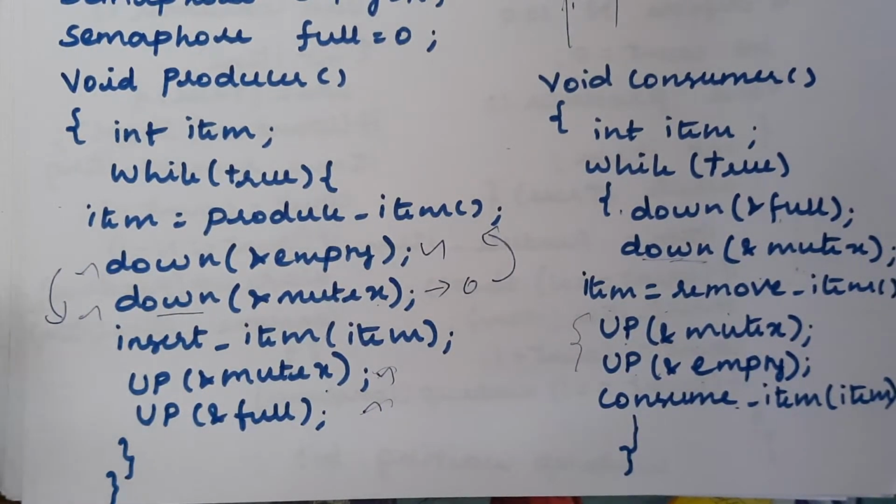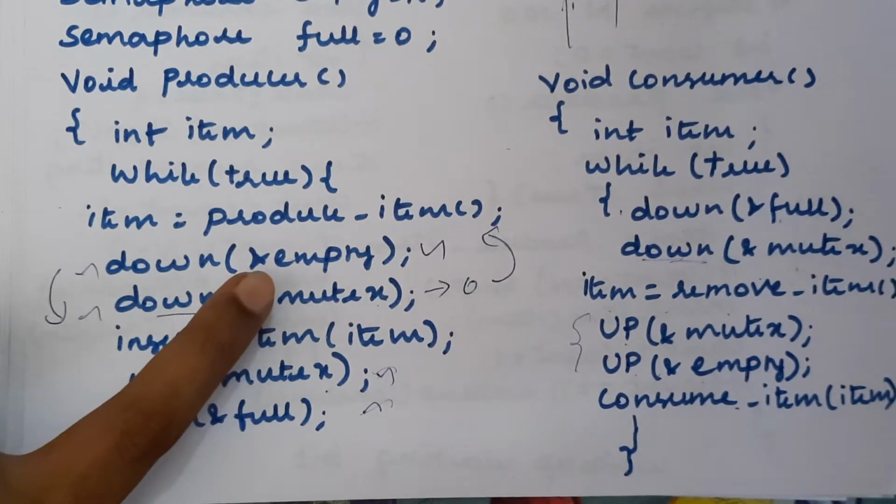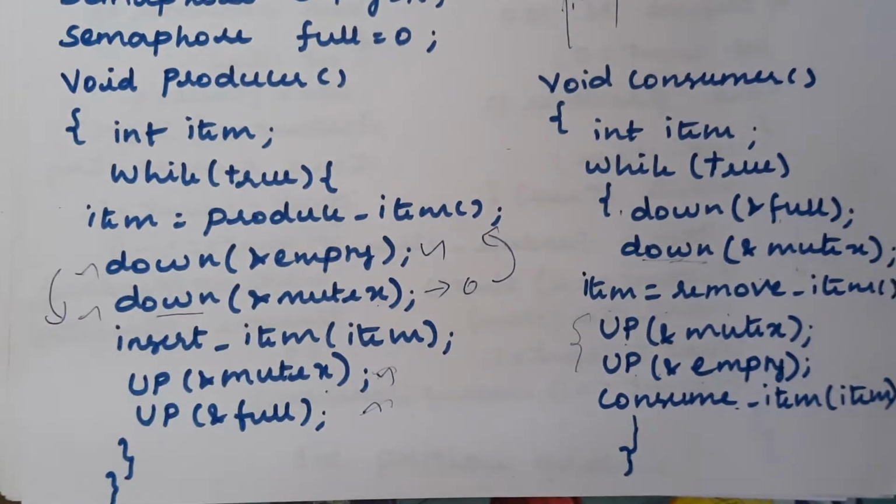So the down operation on the empty variable: what is the meaning of it? We are checking whether the buffer has space. If the buffer is full, then the producer cannot perform its task.